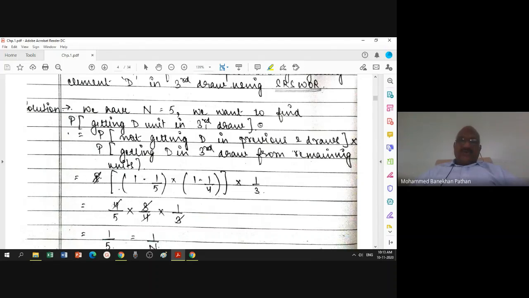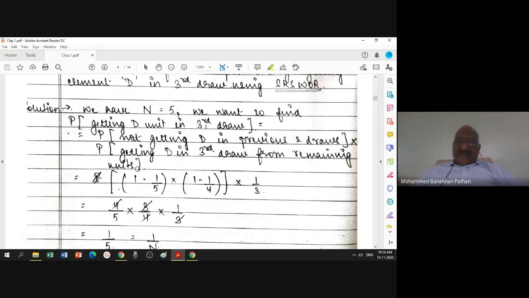This is equal to the probability of not getting D in the previous 2 draws, and that means multiplication, the probability of getting D in the third draw from the remaining units. So this is our interested event, which can be written as a product of events like this.